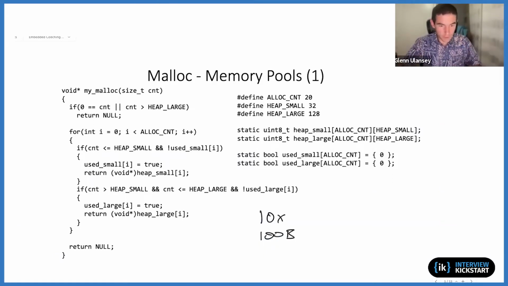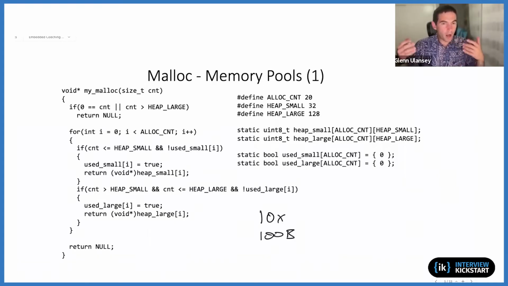The first person who calls malloc gets the first 100-byte block. The next person who calls malloc gets the next 100-byte block, and so on down the line. So we have a pool of memory, and every entry in that pool is the same size.